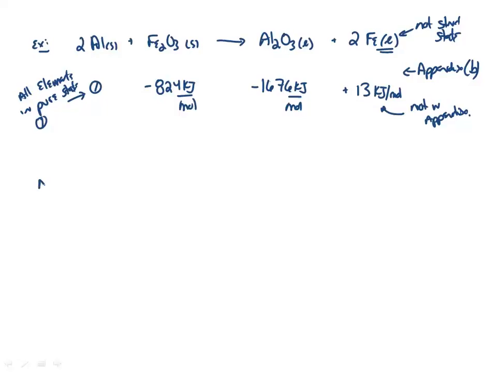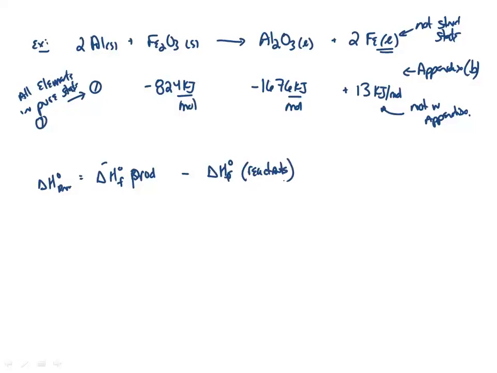And so what we're saying is that the delta H of reaction is simply equal to the delta H naught of formation of the products minus delta H naught of formation of the reactants.